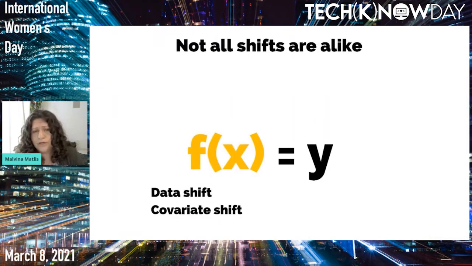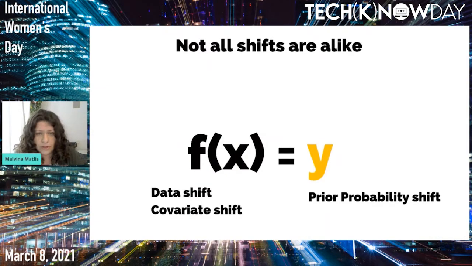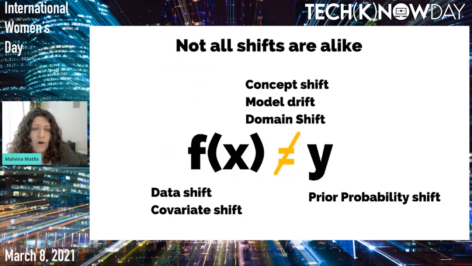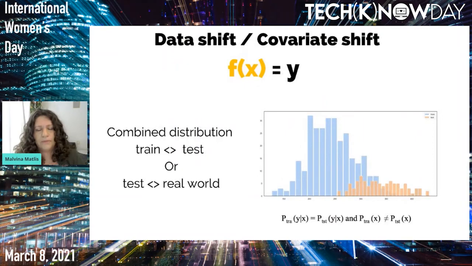Most people have probably heard of a covariate shift or a model drift, and usually people bin them together as one huge phenomenon, but they are not. They have different root causes and should be handled in separate ways. So let's deep dive into this.